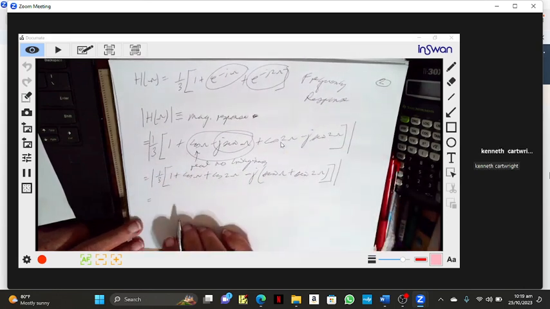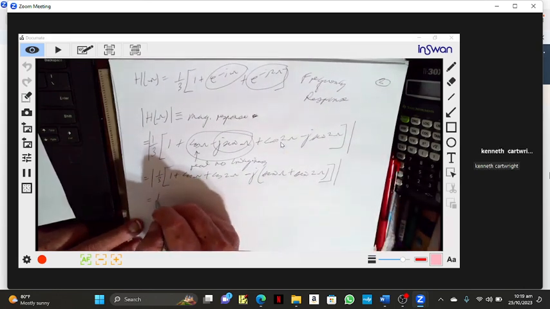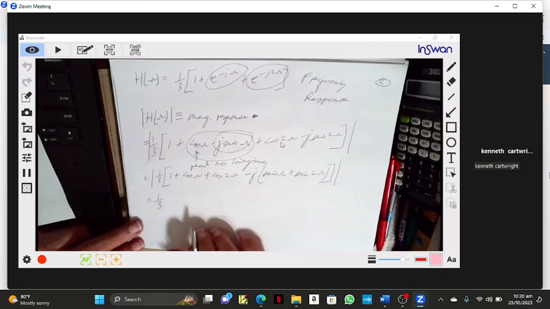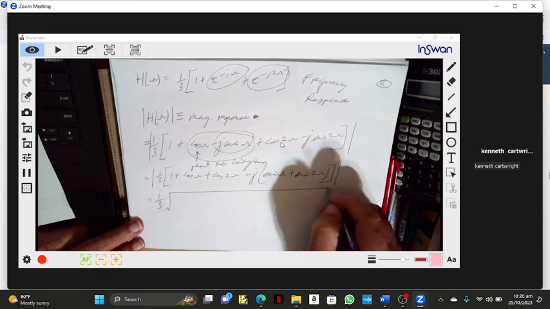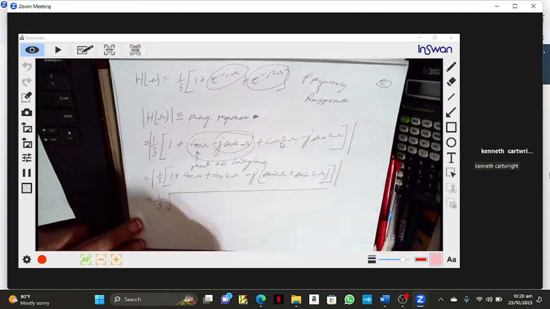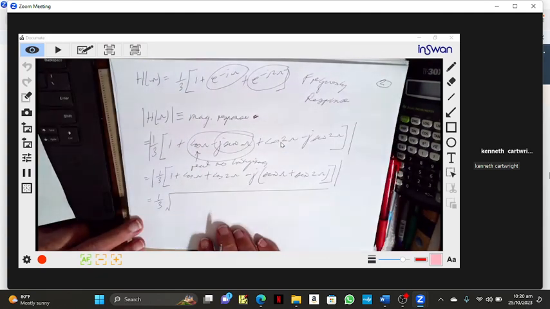Now we're ready for the square root sign. We can bring the 1/3 out. Why? Because now we have the real part and the imaginary part.